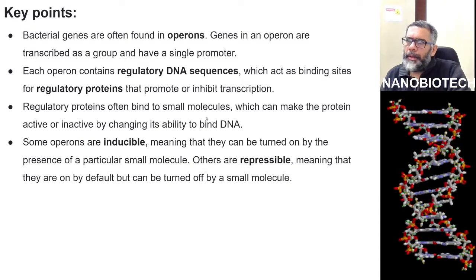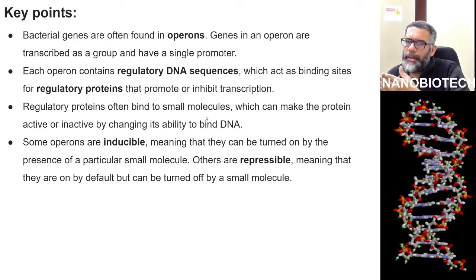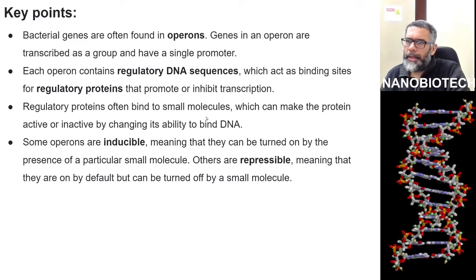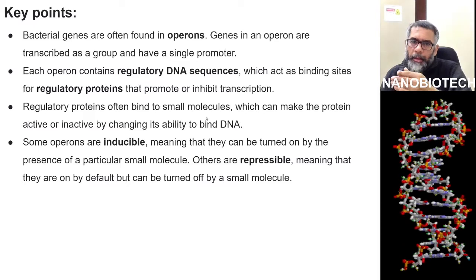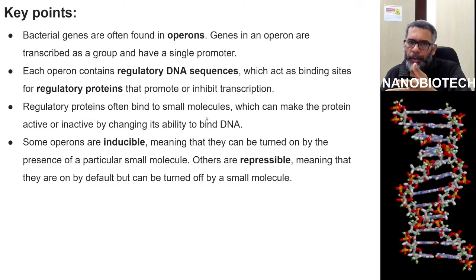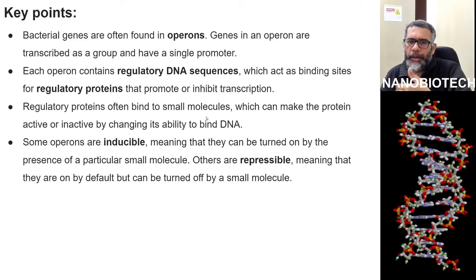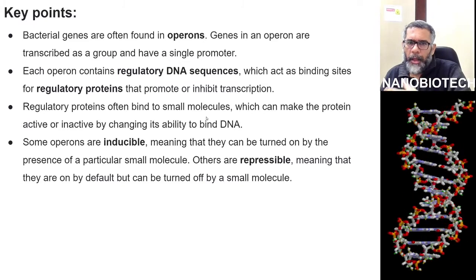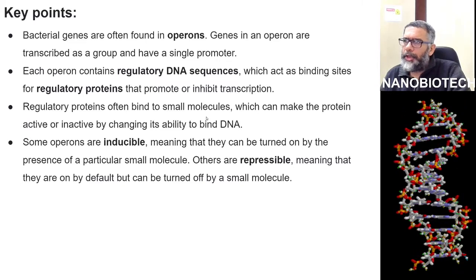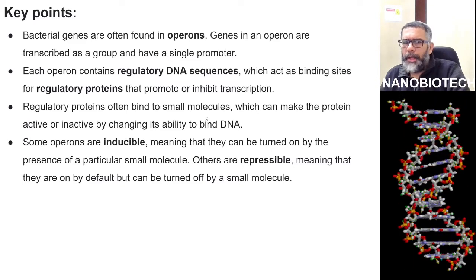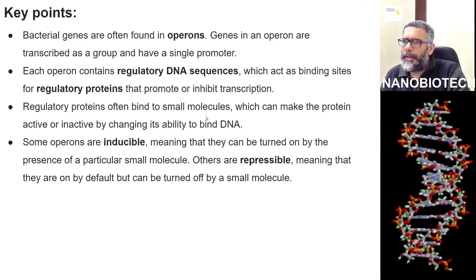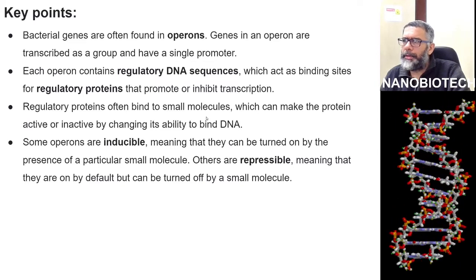Bacterial genes are often found in operons. Genes in an operon are transcribed as a group and have a single promoter. By the way, we should know how bacterial genes are regulated, because we have lots of bacteria in our body that do some functions for us. Each operon contains regulatory DNA sequences which act as binding sites for regulatory proteins that promote or inhibit transcription.